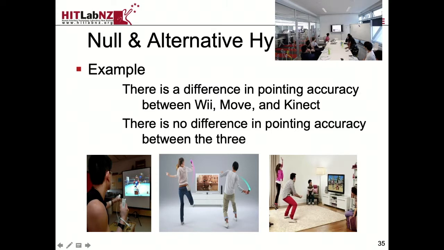And there is no difference in pointing accuracy between the 3 of them. Which one is the null hypothesis and which one is the alternative? No difference is the null. Yes, right. So the bottom one is the null hypothesis and the upper one is the alternative.